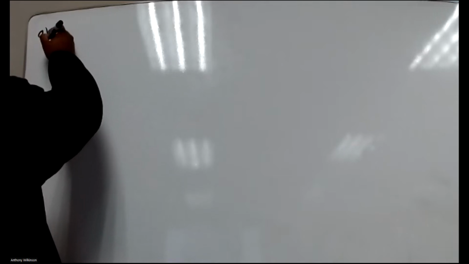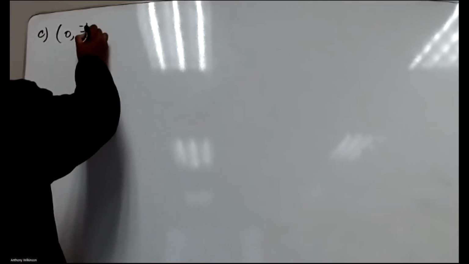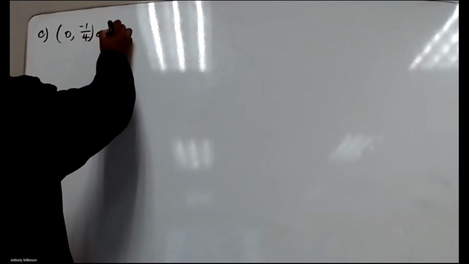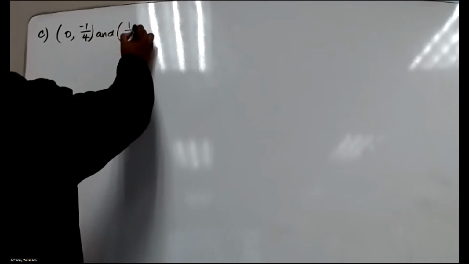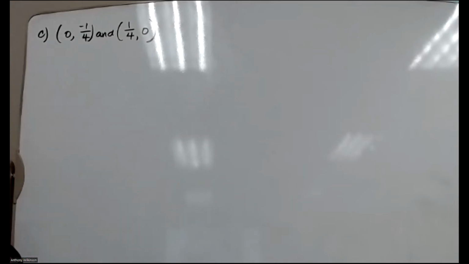We had (0, -1/4) and (1/4, 0). And here I want to find the slope of that line going through those two points.